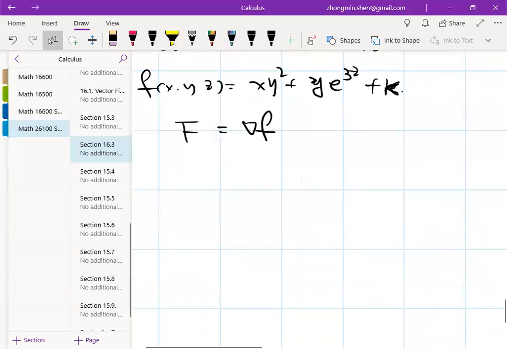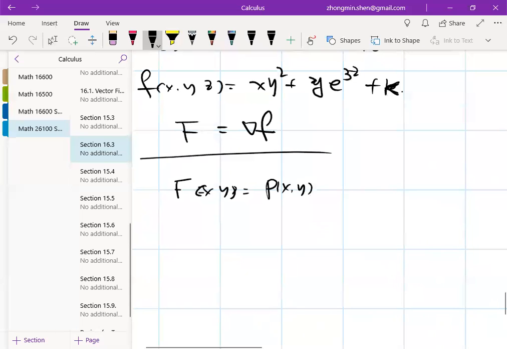Let's take a look at the 2-dimensional case. Okay, F is going to be P(x, y) and Q(x, y), right? In this case, just assume that.